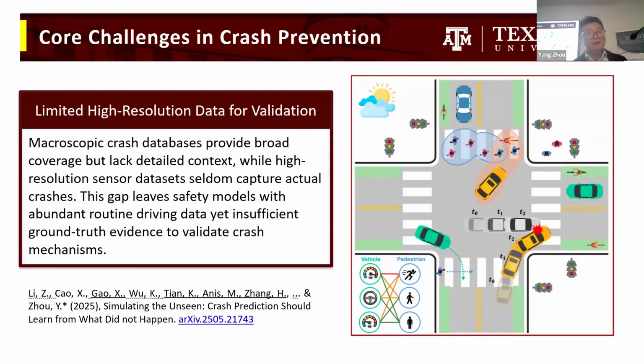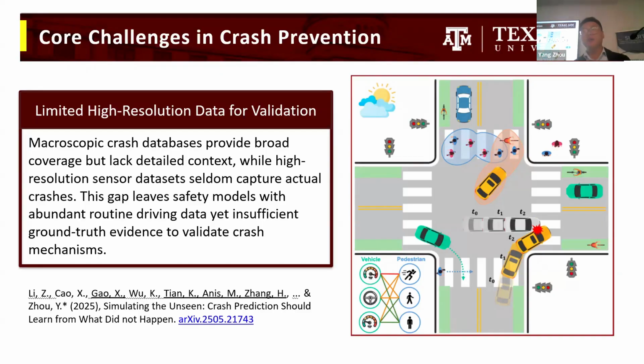And last but not least, we have limited high-resolution data for validation. Even though crash datasets are very available from different DOTs, usually these macroscopic crash datasets only provide very broad coverage, just documenting different categories, but they lack detailed context.